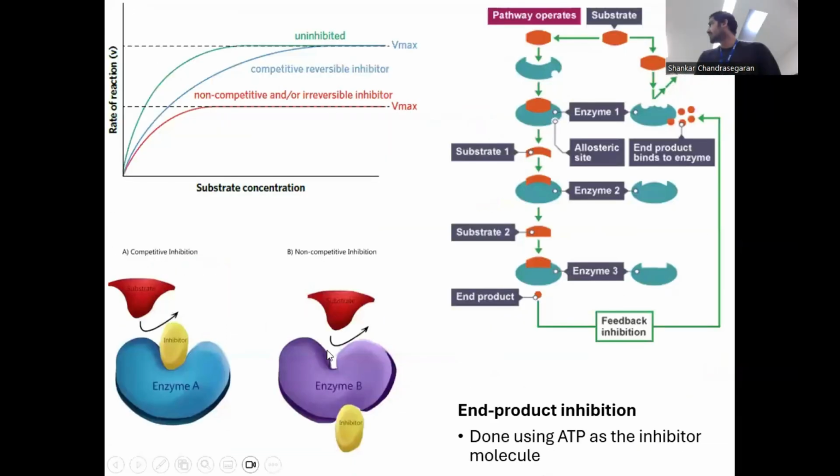So you can see the picture here, right? With this blue graph, as the substrate concentration increases, whatever inhibitor molecule is bound to the enzyme here will naturally unbind, allowing the substrate to bind to it.